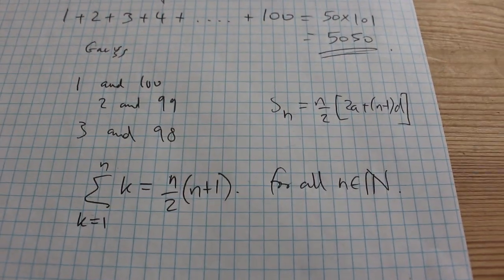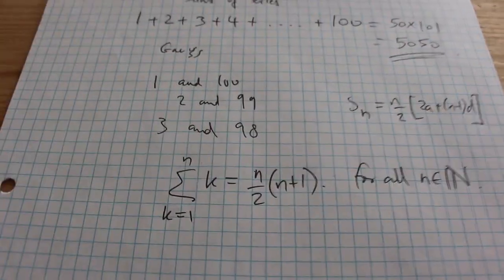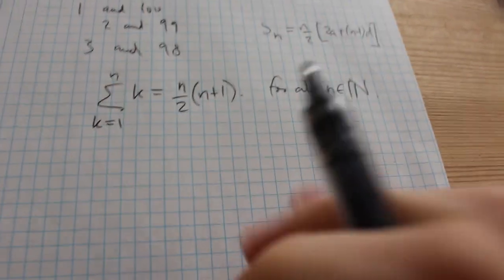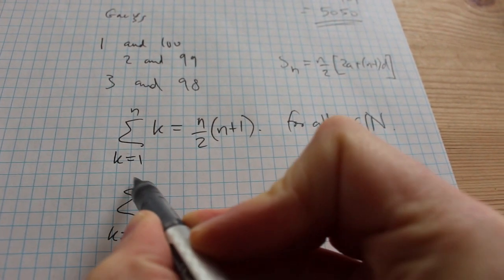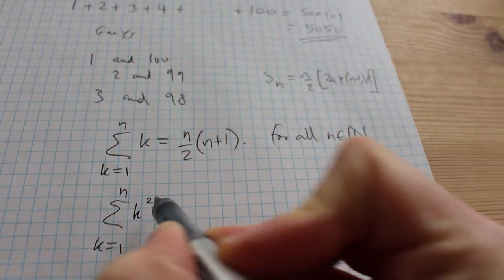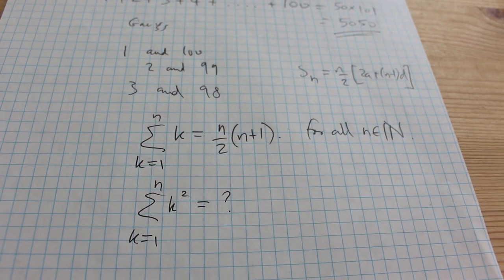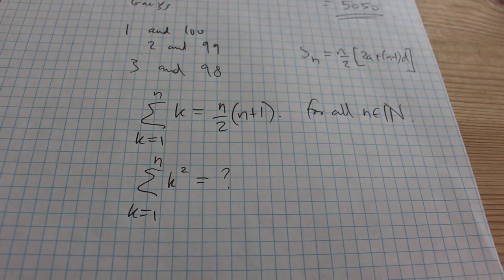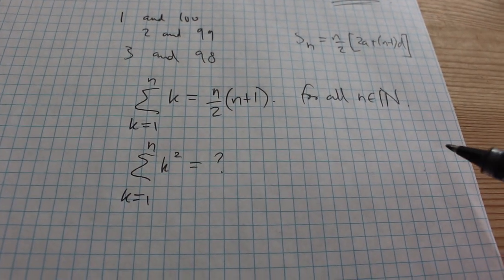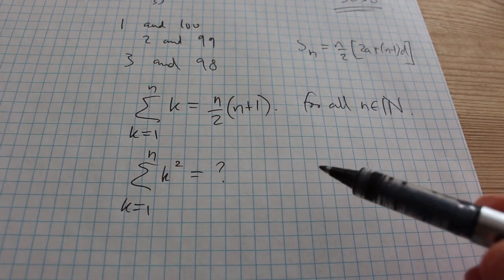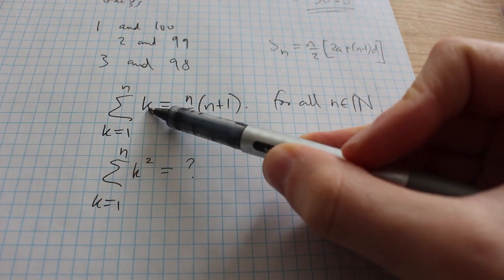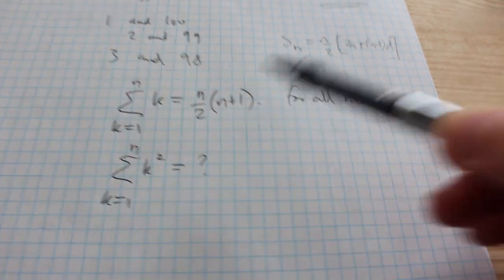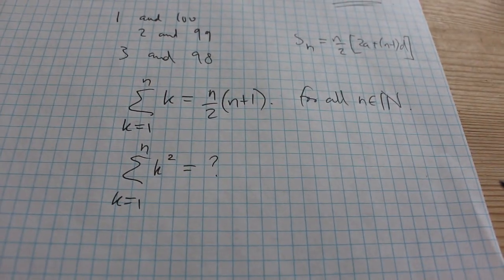But what we're going to do now is think about some slightly more complicated sums. So if we wanted to sum k equals 1 to n of k squared, how could we do that? Well, there are a number of different ways we could do it. Notice that when we summed k equals 1 to n of k, we got a quadratic polynomial in n.